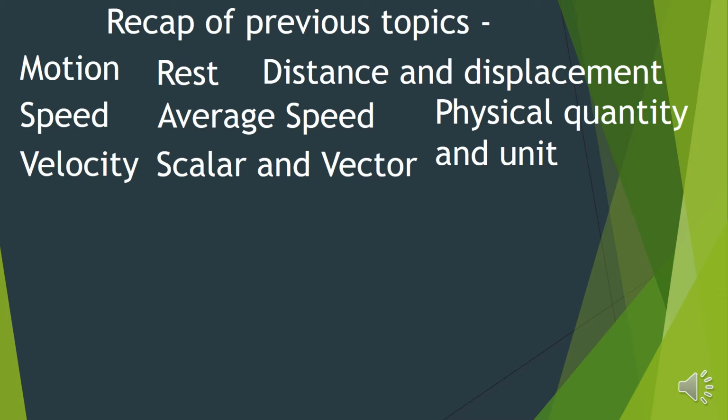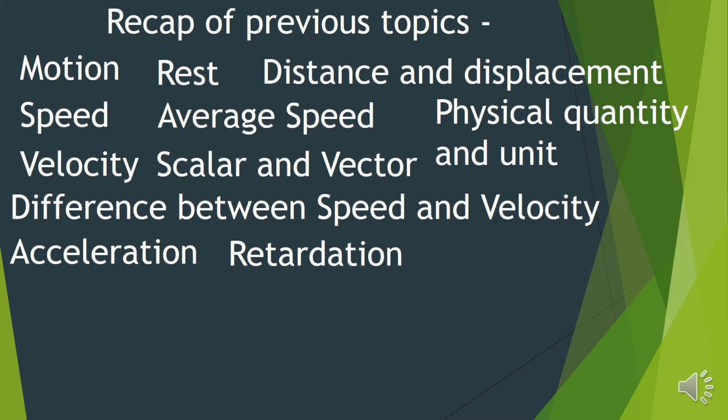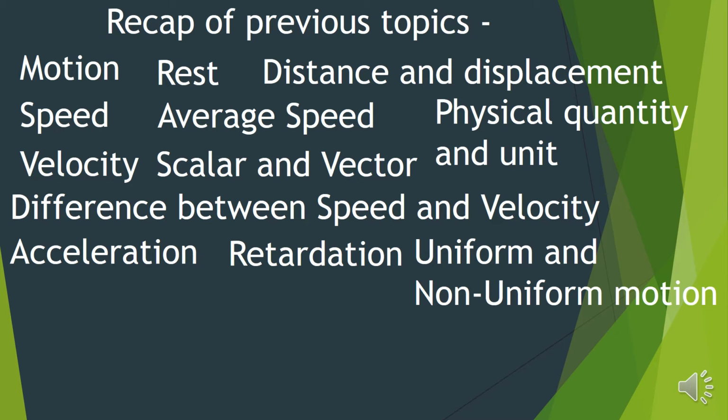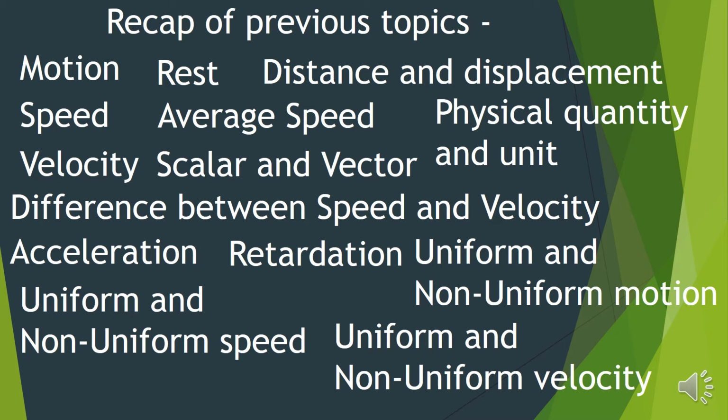Then we studied velocity, then what scalar and vector quantities are, after which we discussed the difference between speed and velocity. Then we discussed acceleration. After acceleration, we studied retardation, which is also known as negative acceleration. After which we studied uniform and non-uniform motion. Furthermore, we also discussed uniform and non-uniform speed and also uniform and non-uniform velocity.